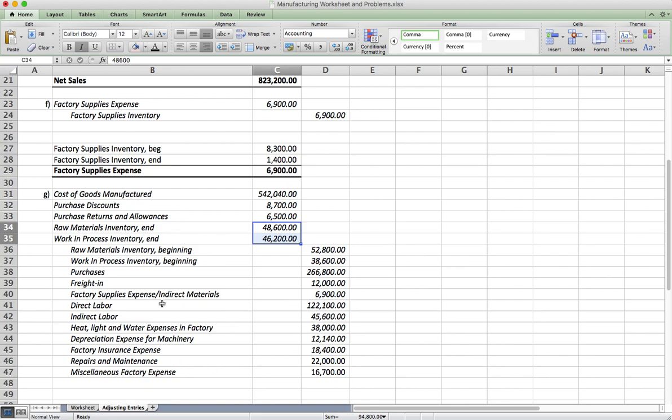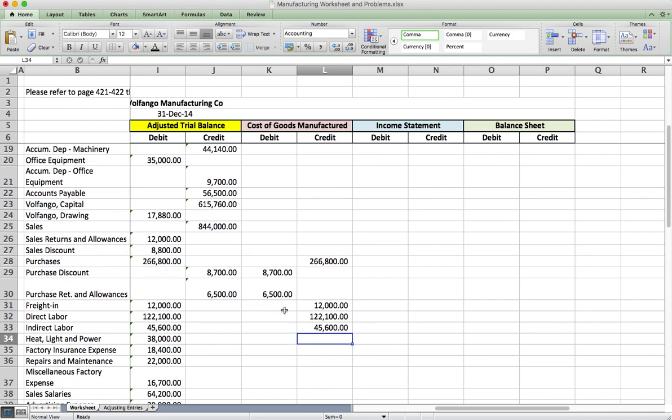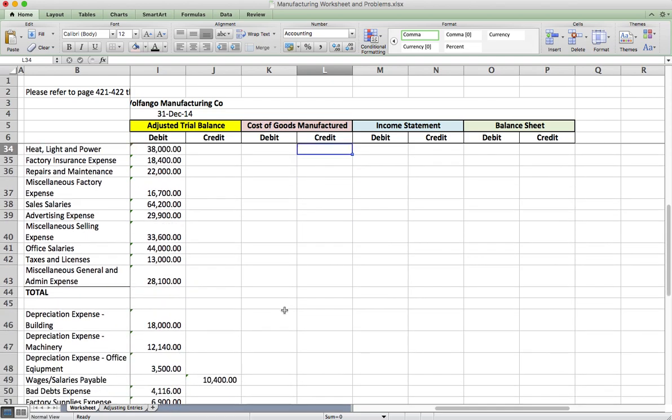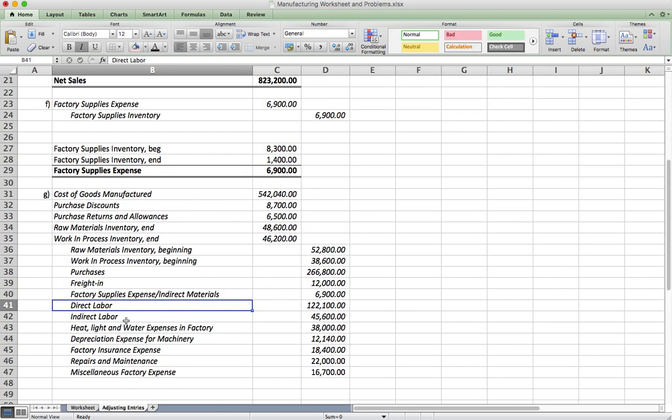And then, so are we done with direct labor and indirect labor? Yes. Punta naman tayo sa factory supplies expense. Baka malimutan natin. Nasaan siya? Nandoon sa ilalim. Yun. Diba factory supplies expense debit, so we have to credit. And then, what else?